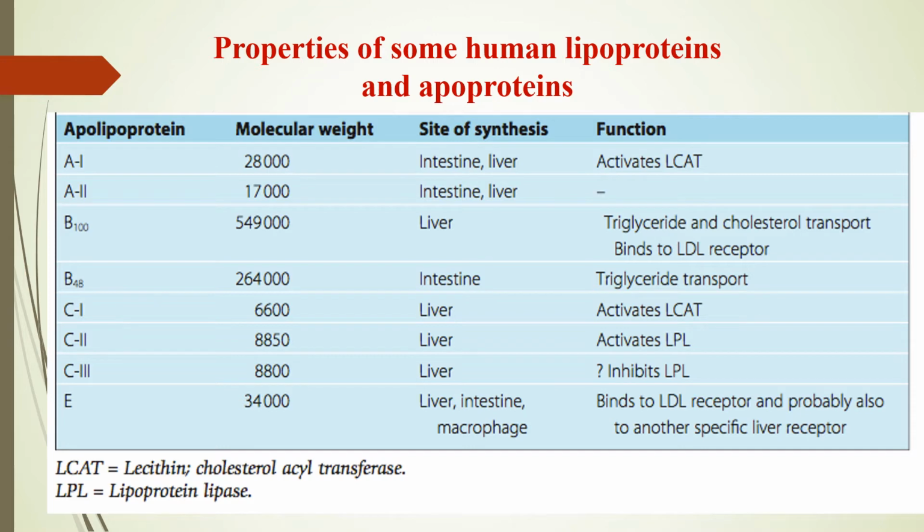For the protein and their distribution and characteristics in lipoproteins, as we can see from the table shown, we have the apoprotein A1 and C2, which are activators of lipoprotein lipase, responsible for metabolism of chylomicrons to reduce their size.